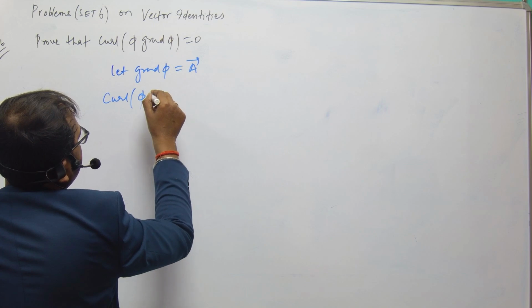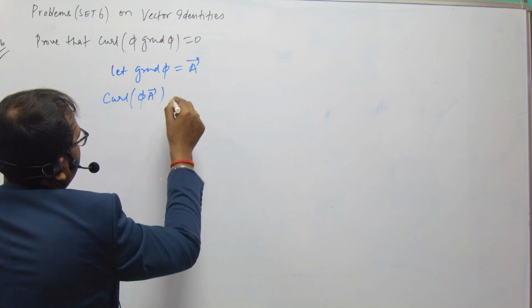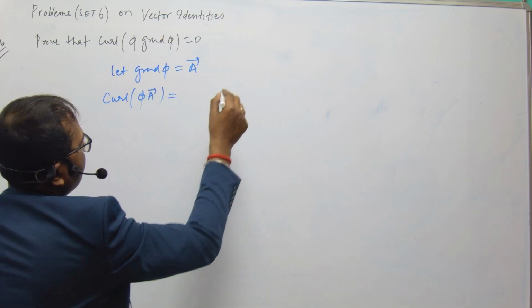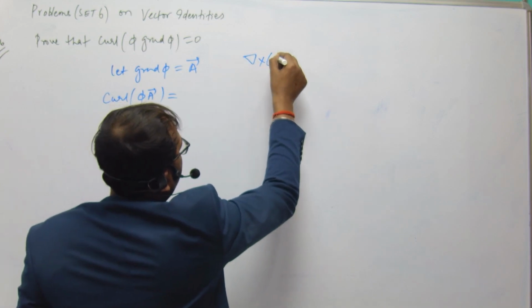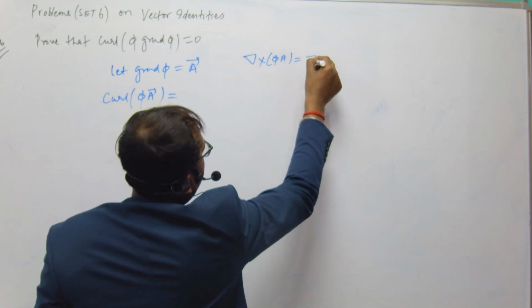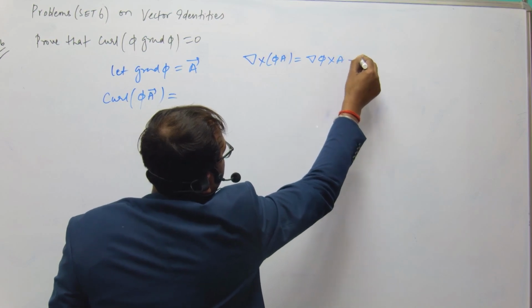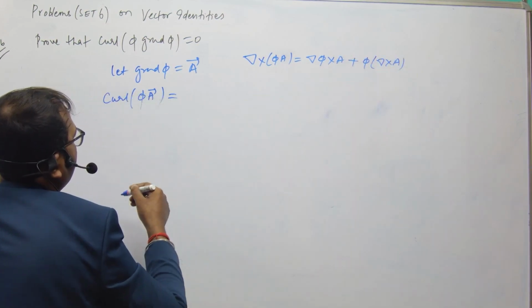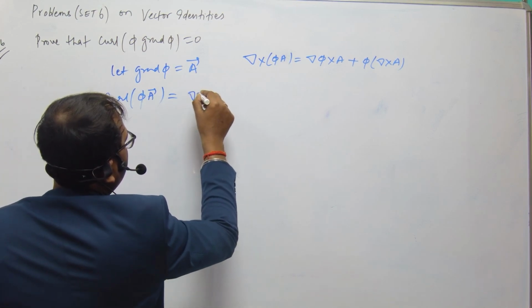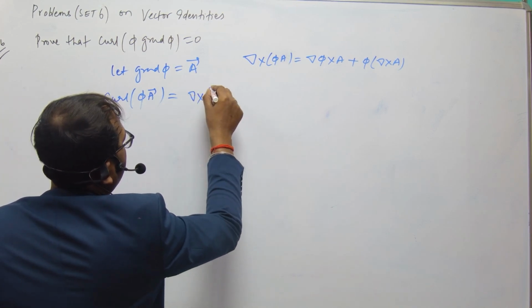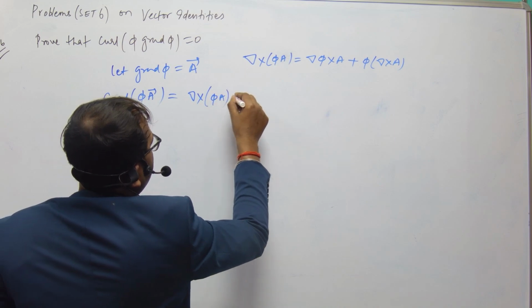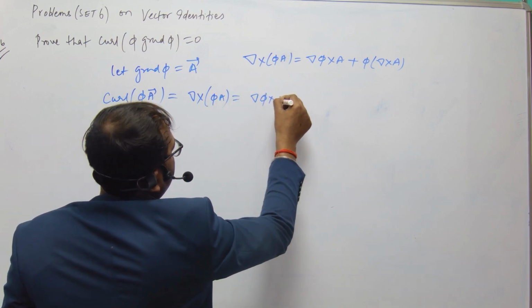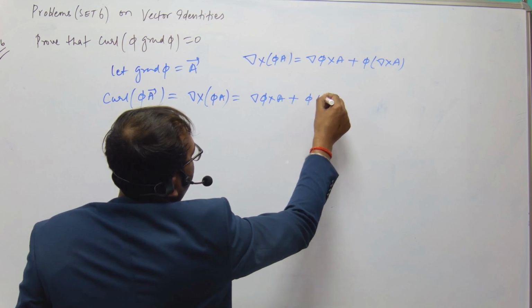The gradient of phi is a vector. We have studied the expansion of curl of phi a. Curl of phi a is del phi cross a plus phi times del cross a. Let us apply this. This is equal to del cross phi a equals del phi cross a plus phi times del cross a.